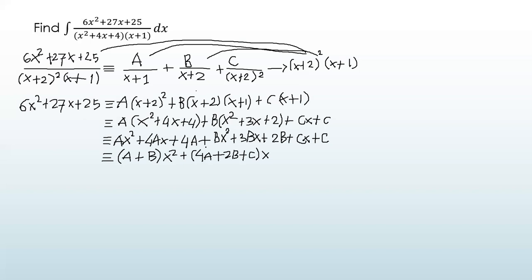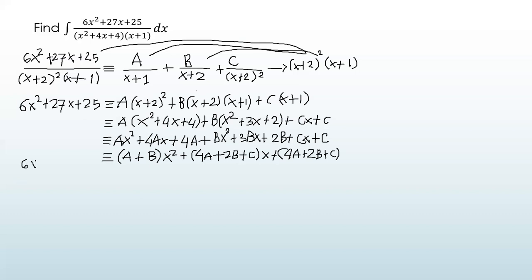And the terms without x: 4a, 2b, and c, so 4a plus 2b plus c.